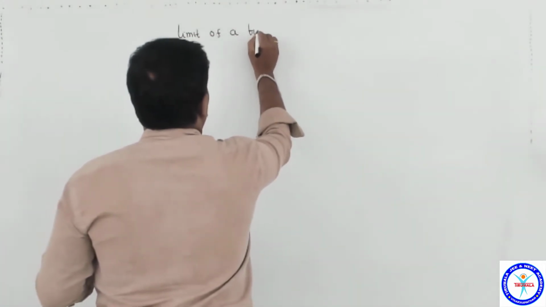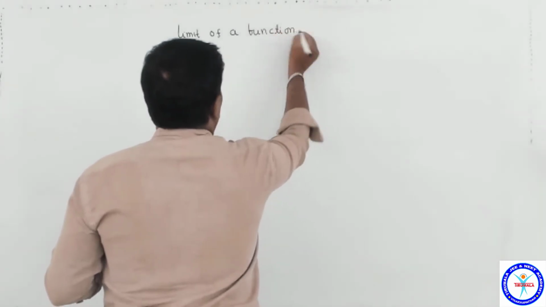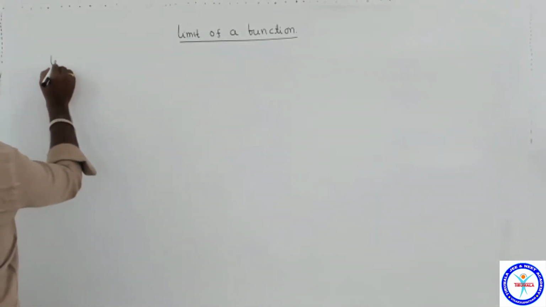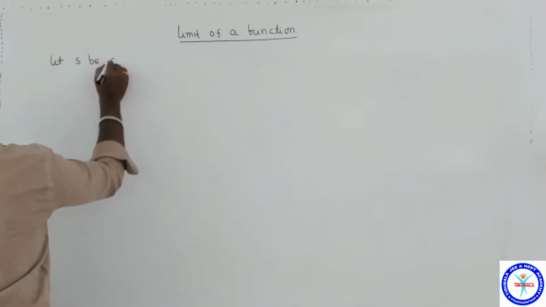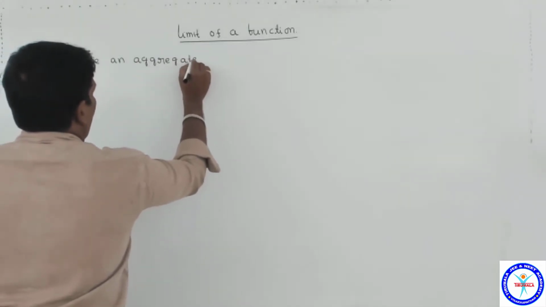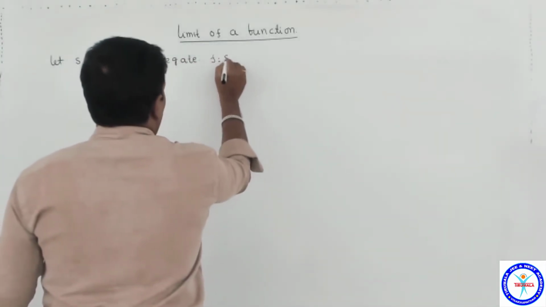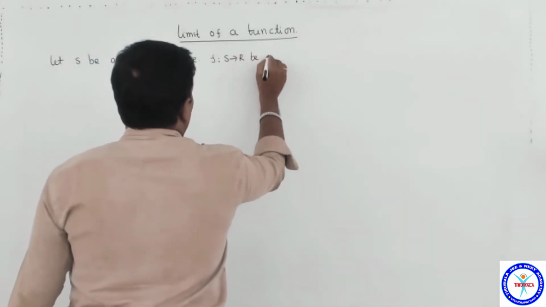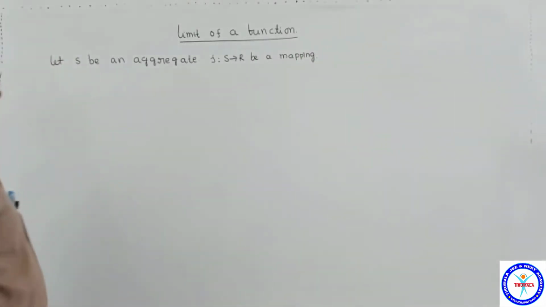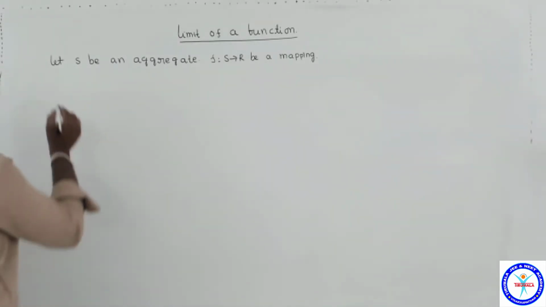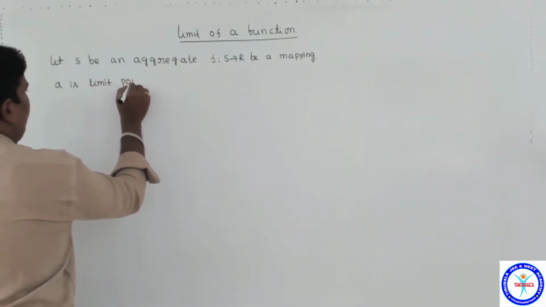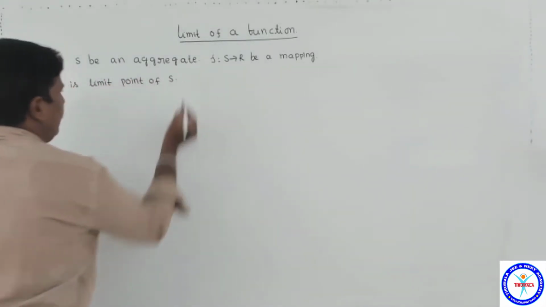Let S be an aggregate, f from S to R be a mapping, and small a is a limit point of S.